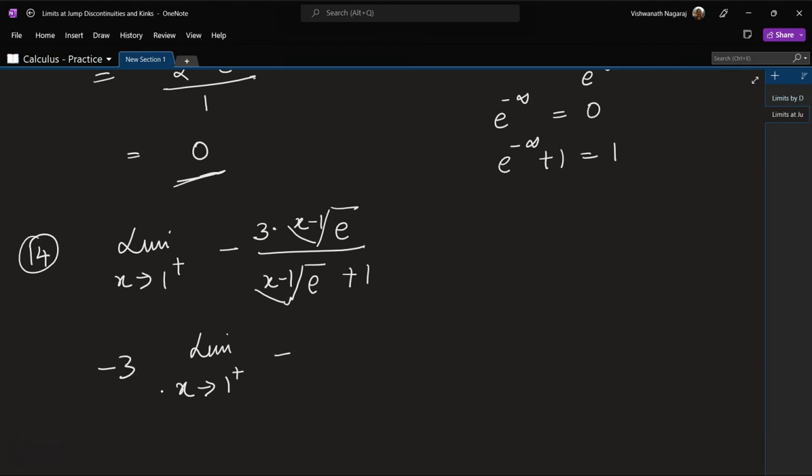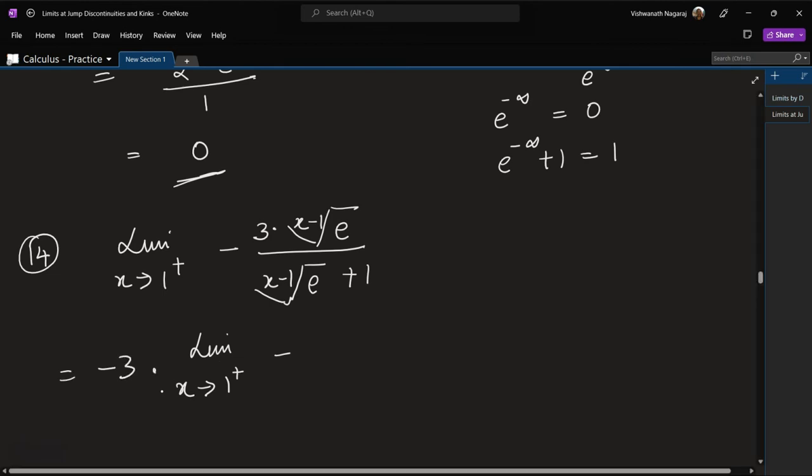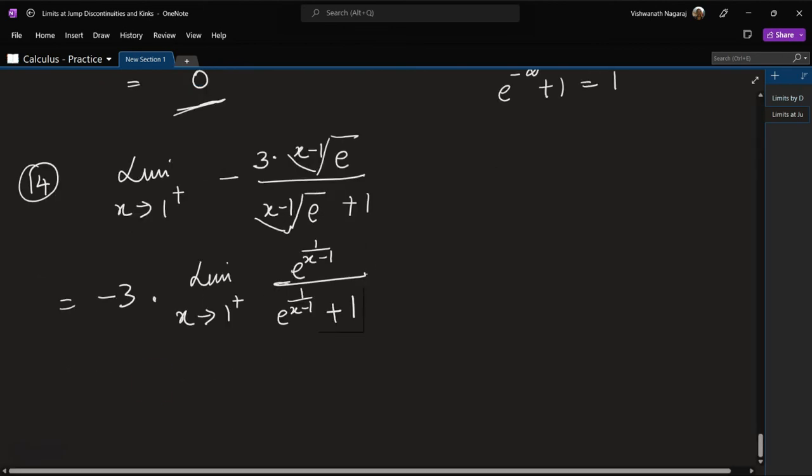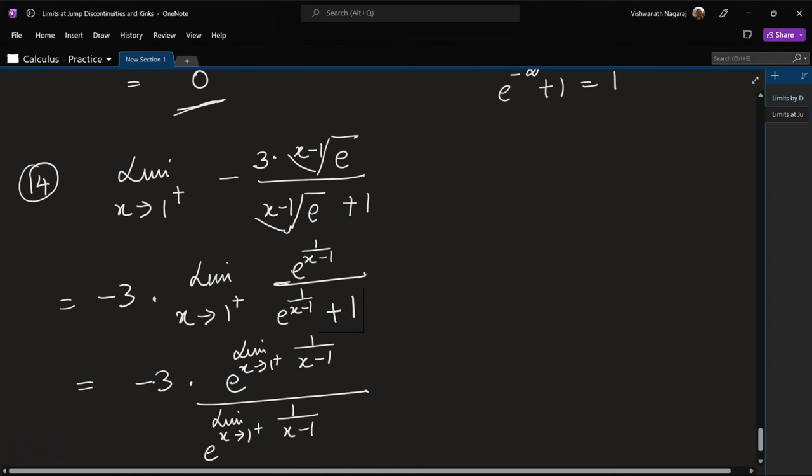So minus 3 times this limit e to the power of 1 by x minus 1, e to the power of 1 by x minus 1 plus 1, which can again be written as minus 3 times e to the power of limit as x approaches 1 from the positive side of 1 by x minus 1 divided by e to the power of limit as x approaches 1 from the positive side of 1 by x minus 1 plus 1, because e is constant.